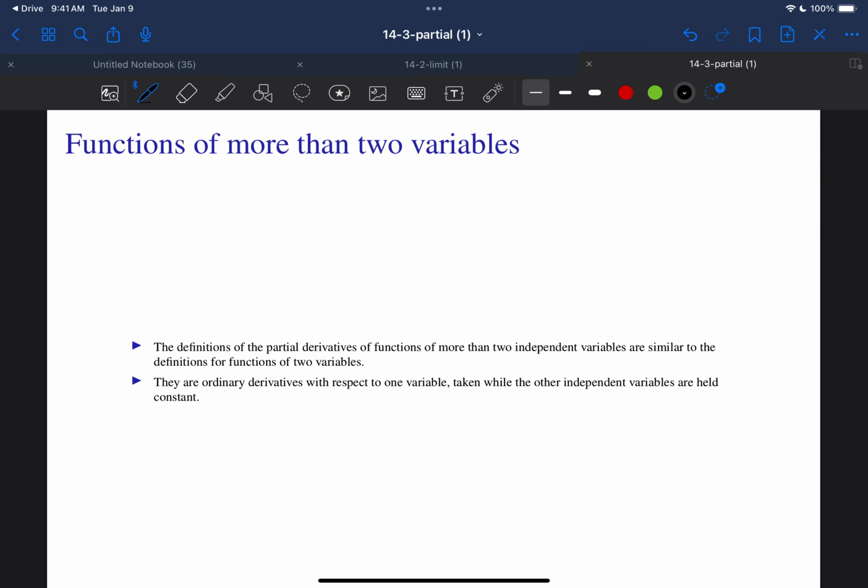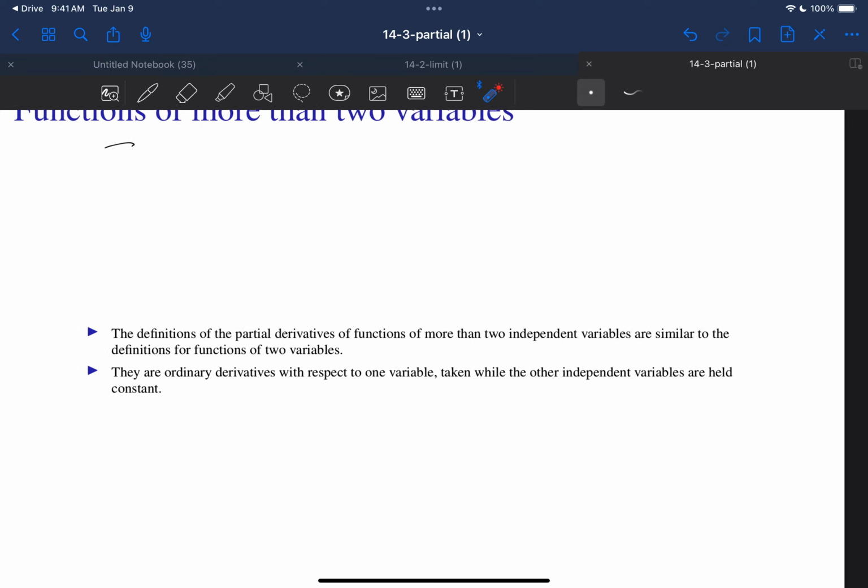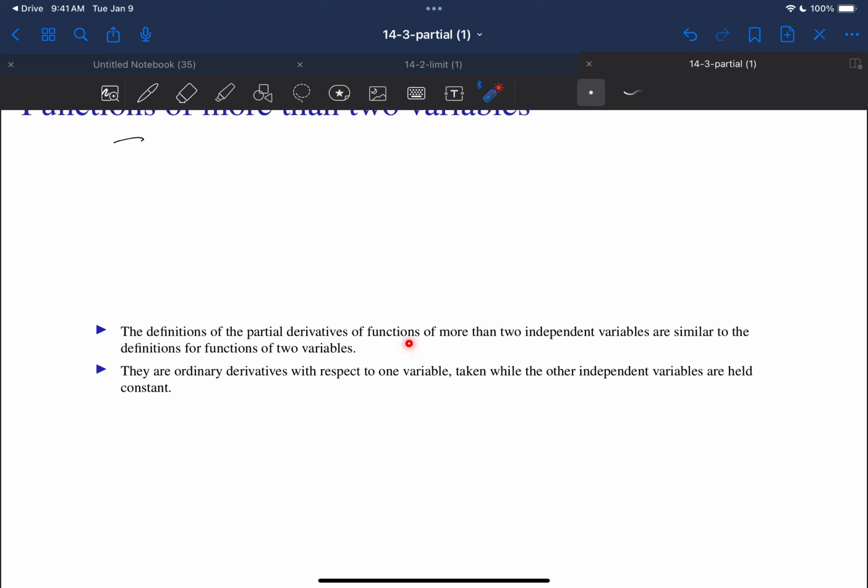We can also talk about multivariable calculus with functions of more than 2 variables, something like 3 variables. And the definitions of partial derivatives of functions of more than 2 independent variables are similar to the definition for functions of 2 variables. We had a few examples of 2 variable functions, but it's exactly the same. So when you have three variables like f(x, y, z), what is the partial derivative with respect to x?